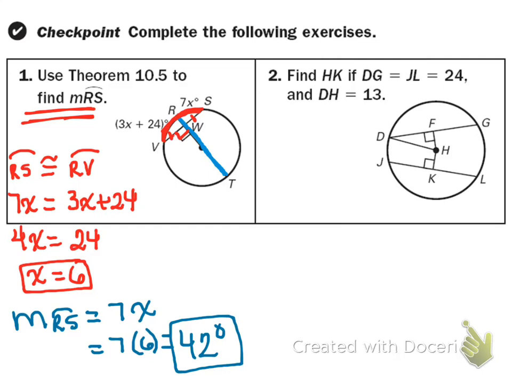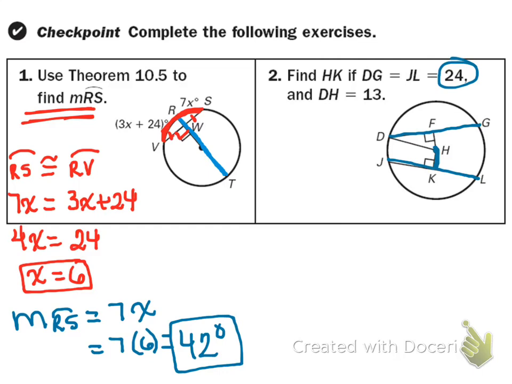In this example, we want to find segment HK. Segment HK is this distance from the center to the chord. We want to find HK if segment DG is equal to segment JL, and they are both equal to 24.